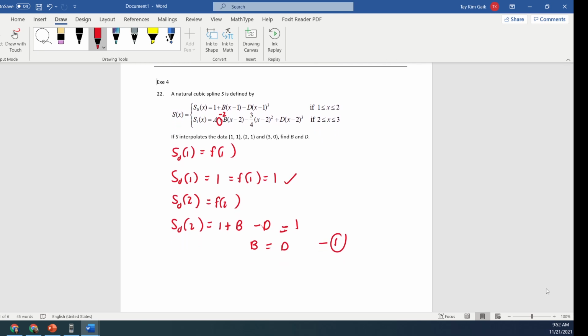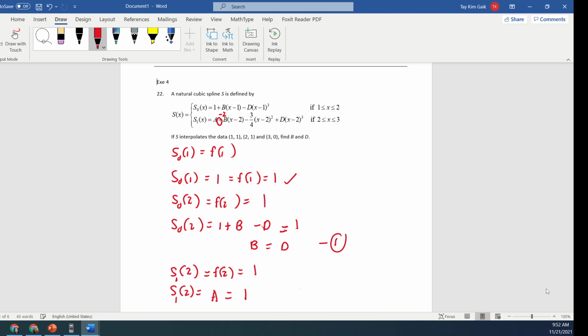Similarly, we can plug 2 into S1. The answer should be equal to F2, which is 1. When x equals 2, 2 minus 2 is 0 in every term, so you have only A equal to 1, because F2 is 1.